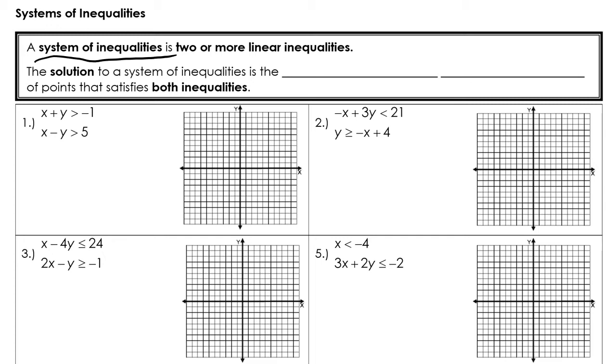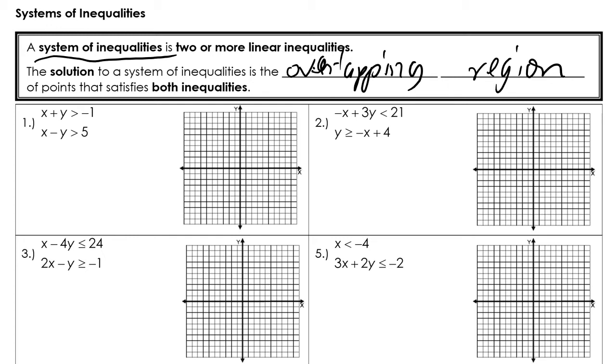The solution to the system of inequalities is the overlapping region, the overlapping region of points that satisfies both inequalities. All right, so now I have to graph both lines and figure out where they intersect. So I definitely need my colored pencils this time.